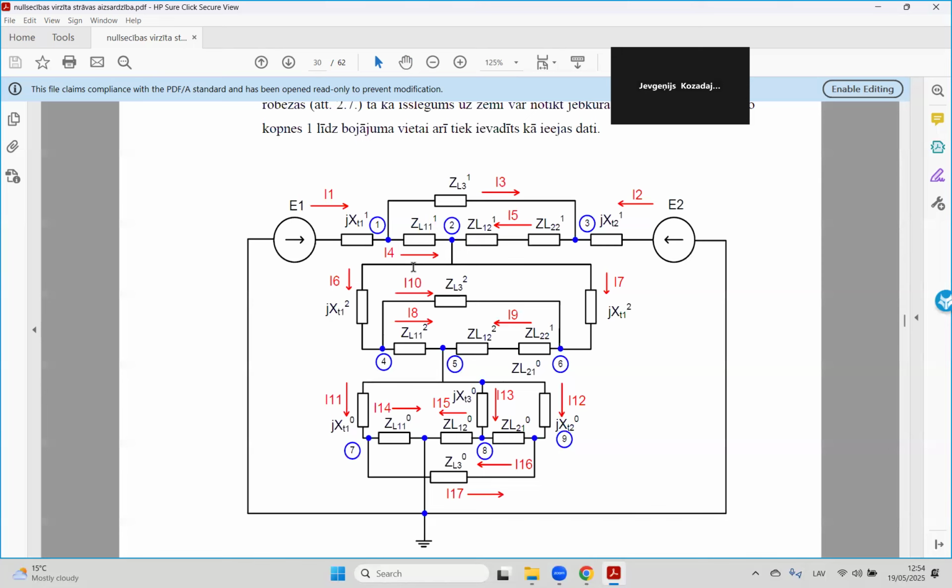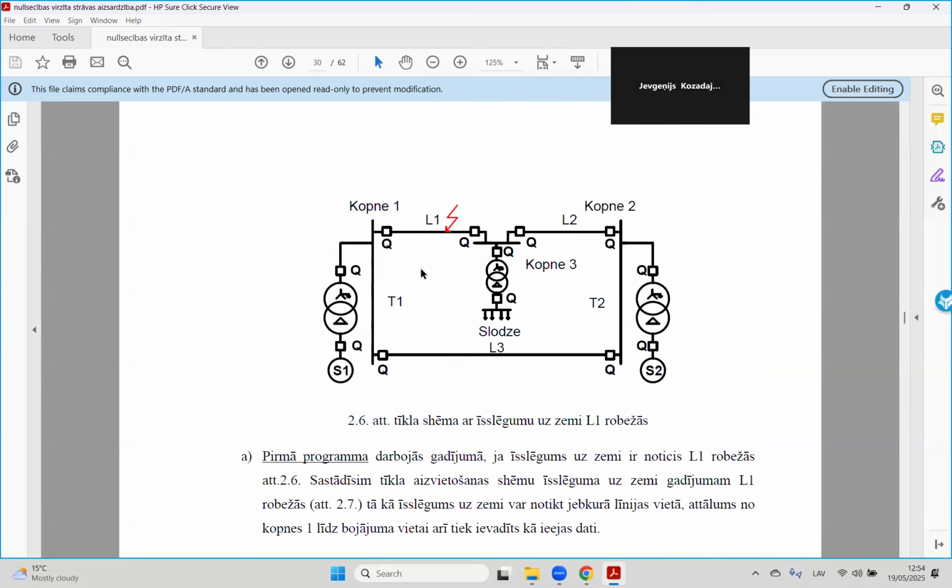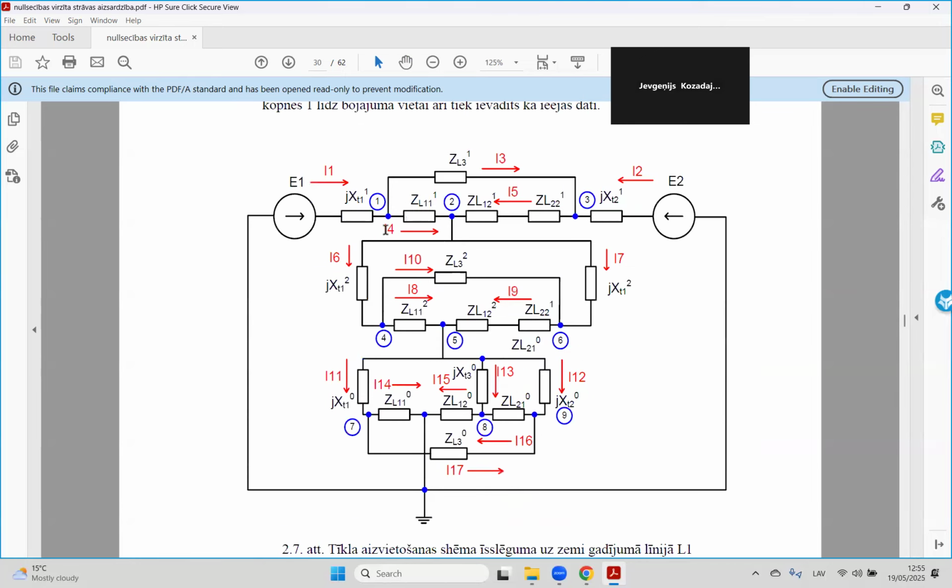We need to represent this network with 3 equivalent schemes: a positive sequence equivalent scheme, a negative sequence equivalent scheme, and a zero sequence equivalent scheme, and connect these 3 sequences together into one equivalent scheme. This is an example of how this could be.